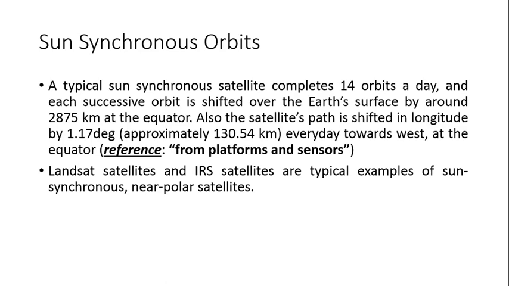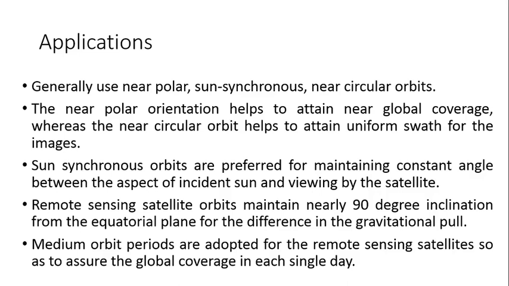So now comes the application part. The application part is quite important when we talk about which orbit is used, when and where, for which application. Remote sensing applications generally use near polar, sun synchronous, near circular orbits for most of our remote sensors.